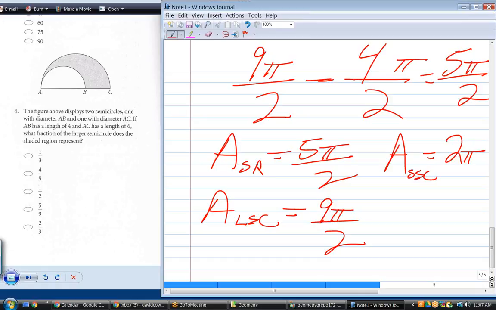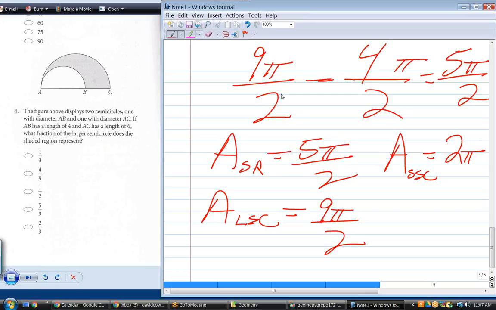Give it to me in terms of this stuff. What does it say from this comma to the end? What fraction of the larger semicircle does the shaded region represent?